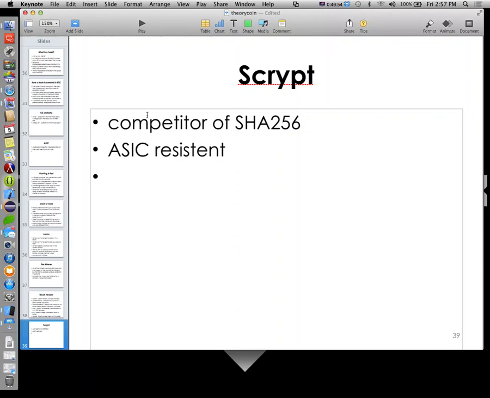So one of the things about Scrypt is it was said to be ASIC resistant. But that only lasted for a little bit of time. Now there are ASICs for Scrypt mining. Now you cannot mine Bitcoin with a Scrypt miner. You have to mine coins that are based on the Scrypt protocol. So one of those is called Litecoin.